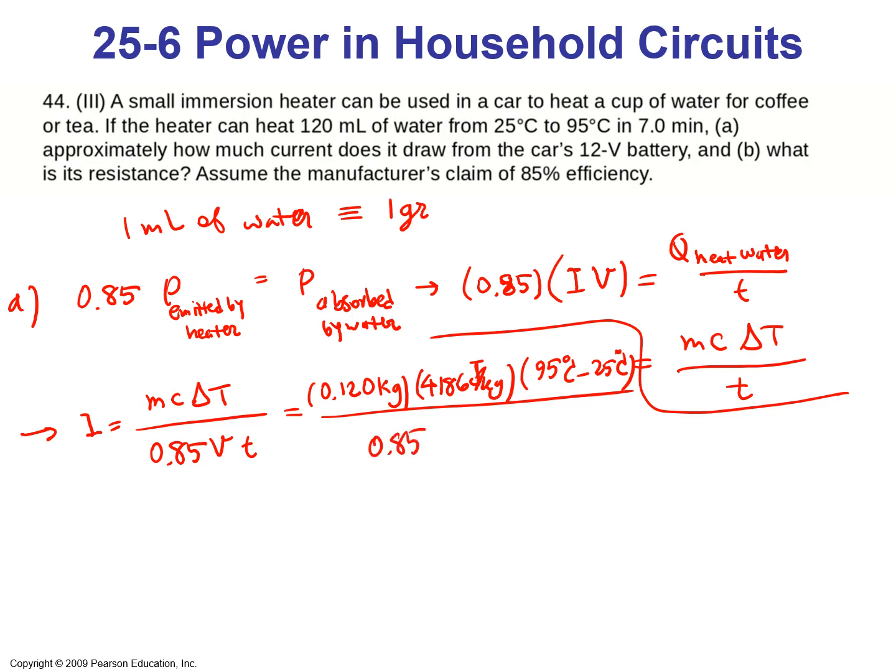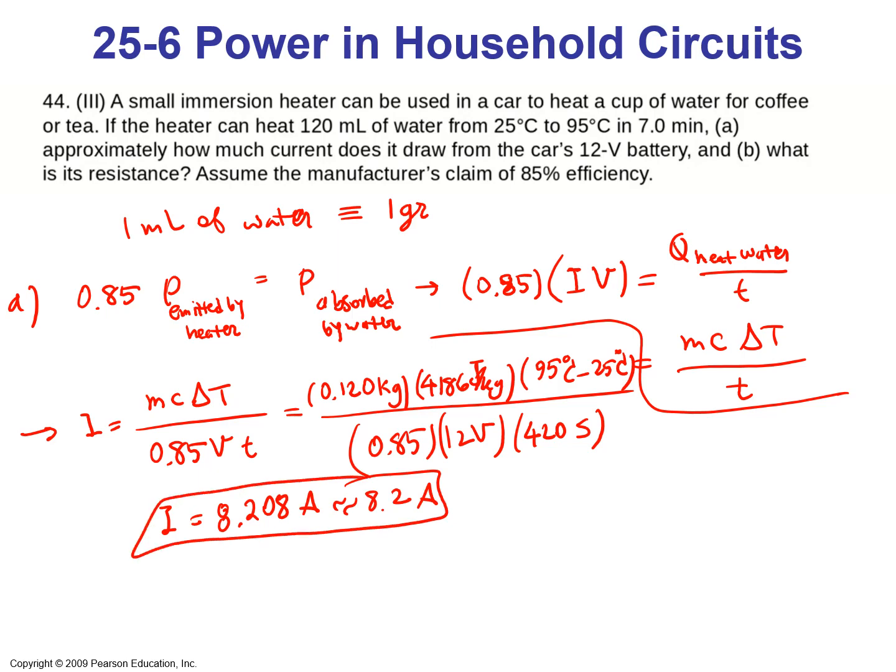Voltage is 12 volts and the time is 420 seconds. That gives us a current of 8.208 amperes, which is about 8.2 amperes.